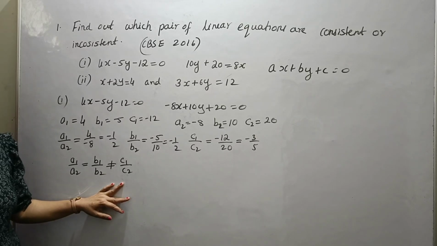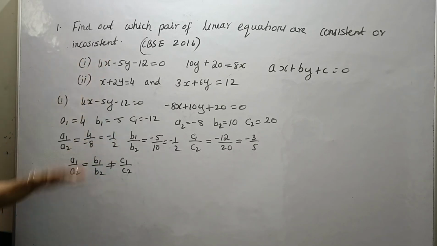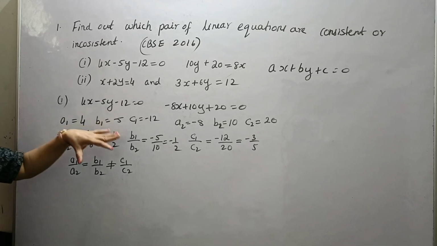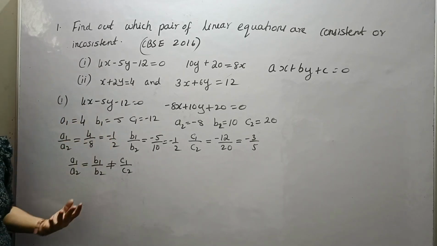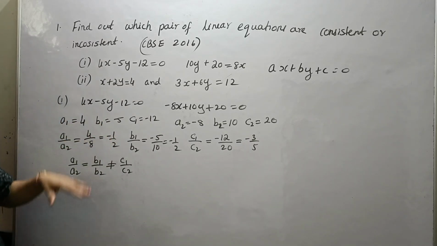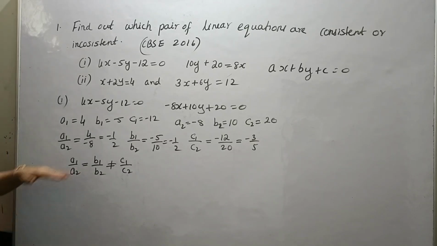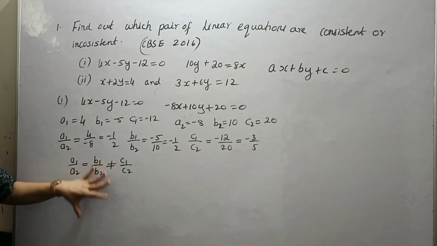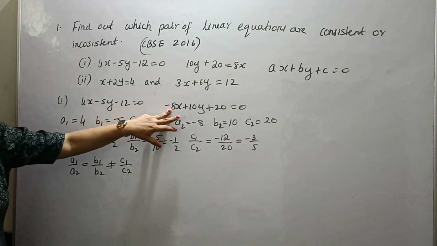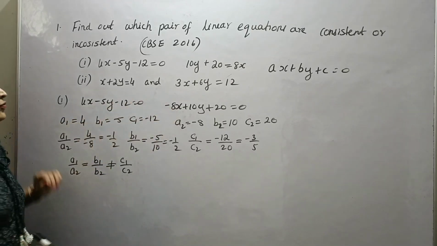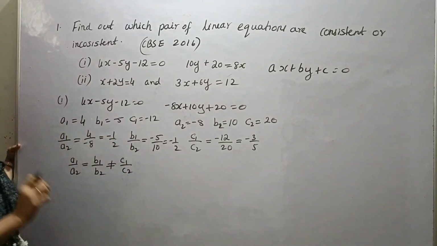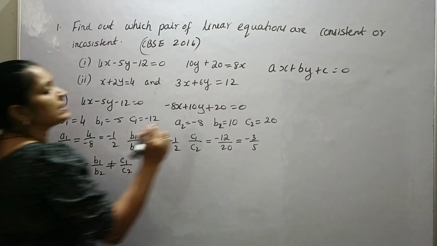Here we have to check whether the pair of linear equations is consistent or inconsistent. If the equations have solutions, then it is consistent. Otherwise, it is inconsistent. So here it is clear that these equations have no solutions. Therefore, the given system of linear equations is inconsistent.